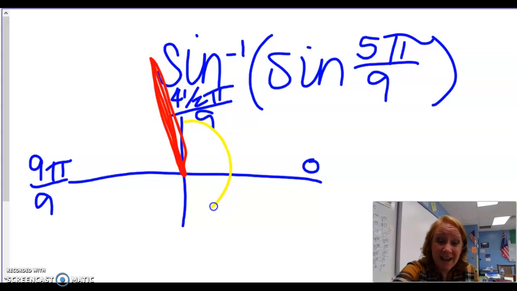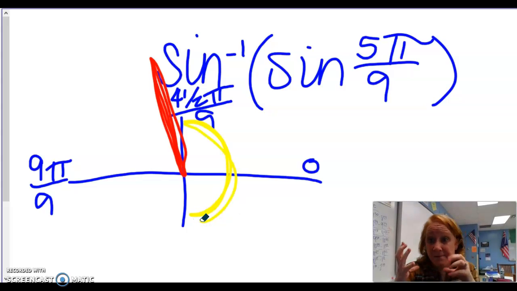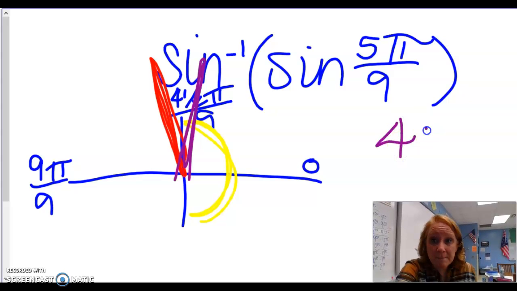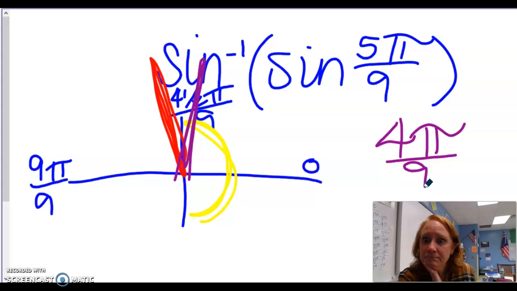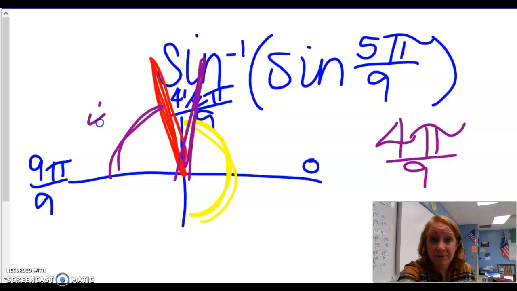Well, you know that the sine inverse has to live over here because that's just my constraints. So then I have to figure out, how do I swap this one over into the right side and get the same sine? Well, that would be right here. And I'm going to tell you it would be right there at 4 pi over 9, because my reference angle for 5 pi over 9 is 4 pi over 9.